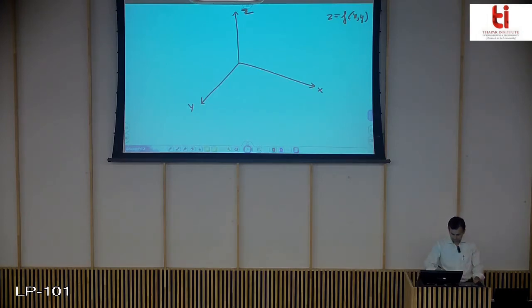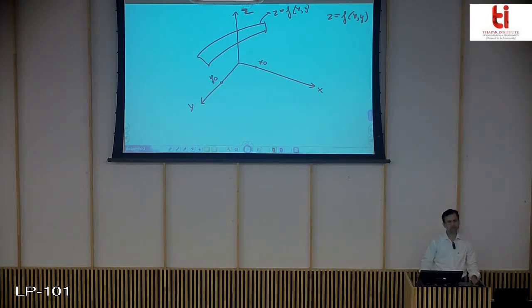So say here is a surface, z equals f(x, y). And now let me take here the point x0, and here y0.